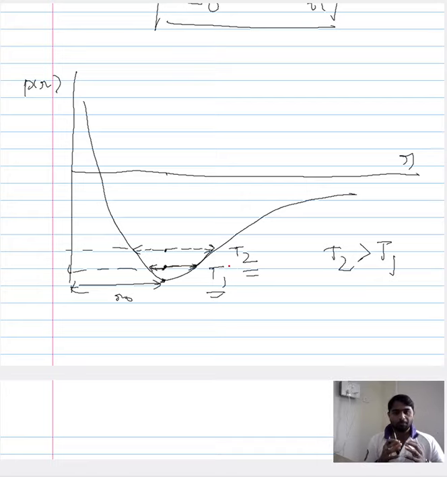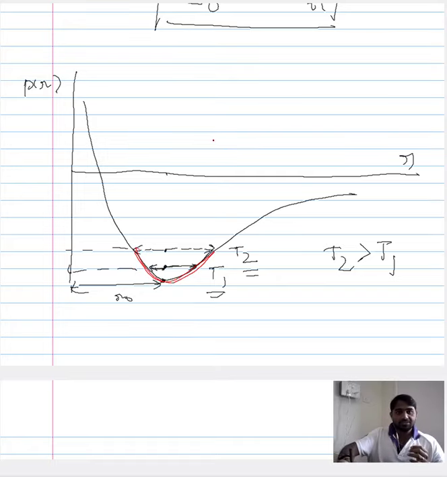So when I want to approximate the vibration of the atoms at T2, or the potential energy associated with the vibration of atoms at T2, what I will focus on is just this region. This would be my approximation of the overall interaction potential at T2.